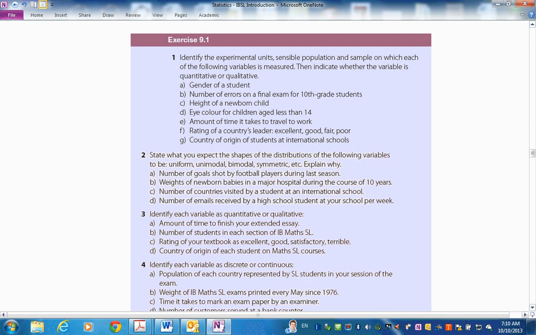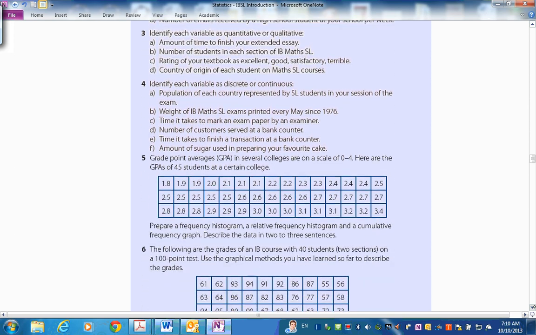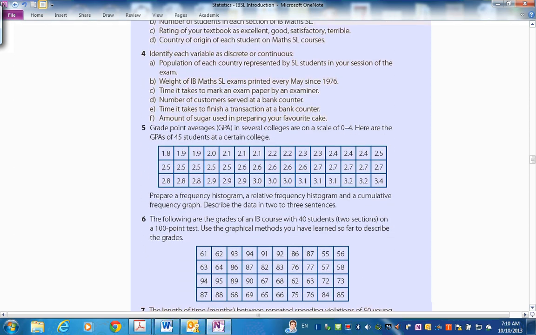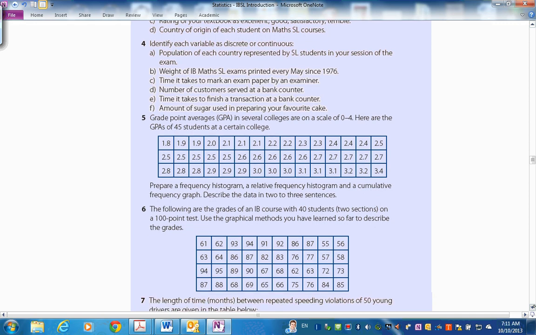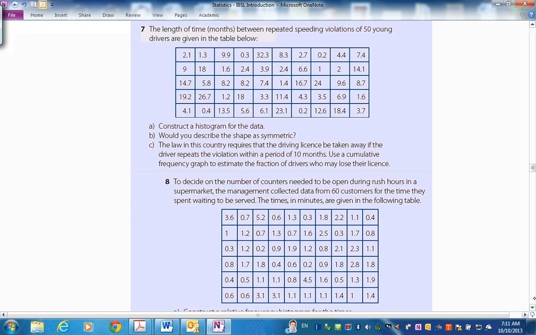Okay, so there's the first 3. We'll bring up 4 in a minute. Okay, 4, 5 and 6. 7 only, 8's got a bit more coming up in a minute.